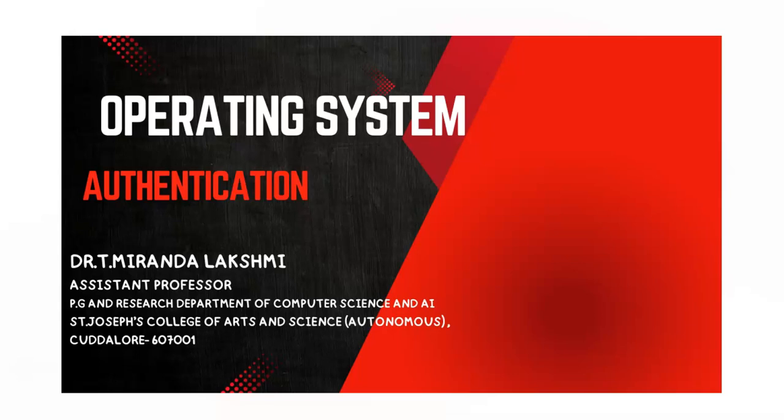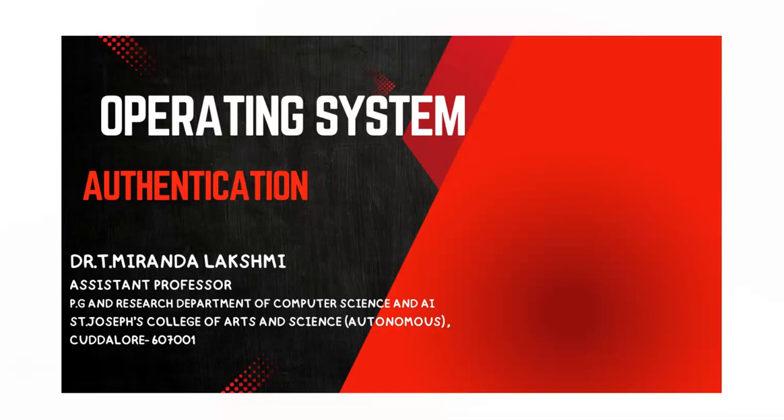So, in the last video, we discussed what authentication is and what the different types of authentication are. We saw authentication in a centralized environment and authentication in a distributed environment. Authentication in a centralized environment is about passwords, then artifacts and human characteristics.